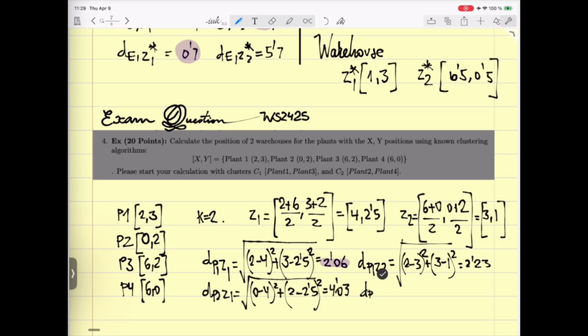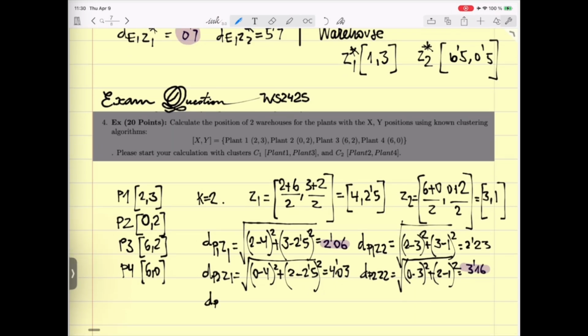And then distance between P2 and Z2 equals the square root of 0 minus 3 squared plus 2 minus 1 squared. That's 9 plus 1, square root of 10. That's 3.16. So P2 belongs to the second group.